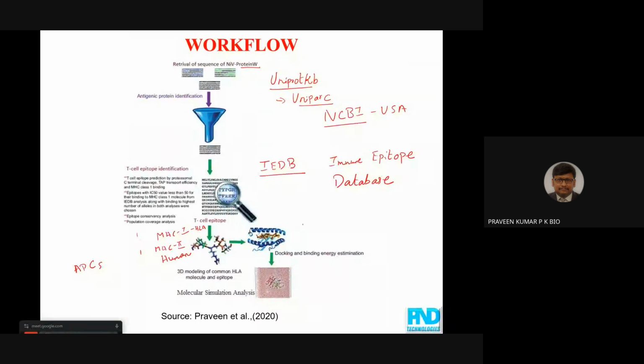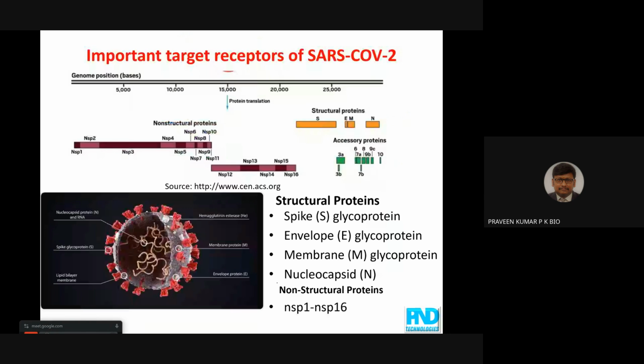Whatever we do in molecular docking to check the binding affinity, after the molecular docking, the epitope of Nipah virus and MHC molecule complex is subjected to MD simulation. The epitope is from the pathogen source, MHC is from the human. So if you want to use the vaccine to treat humans, obviously we have to dock this and that, and this is what is subjected to simulation.